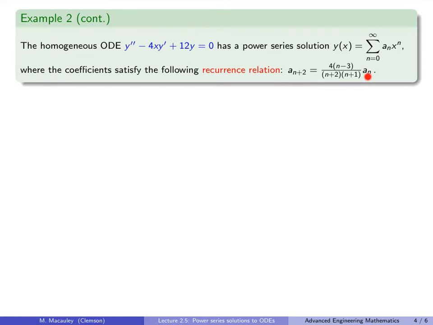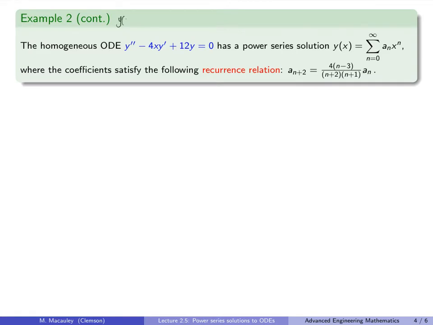So if n equals 0, and we know in advance what a_0 is, then we have a formula for a_2, for a_4, for a_6, a_8, and all of the even a_n. And similarly, if we know what a_1 is, then we have a formula for all of the odd a_n.